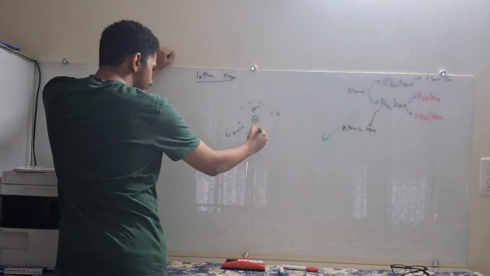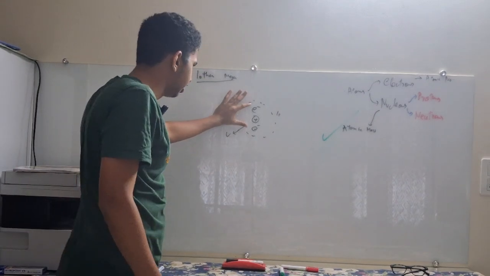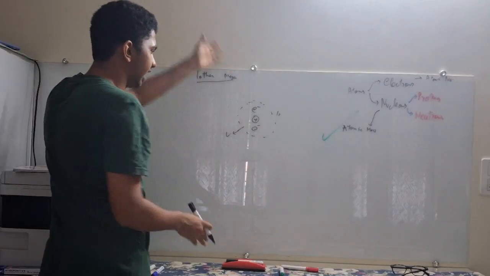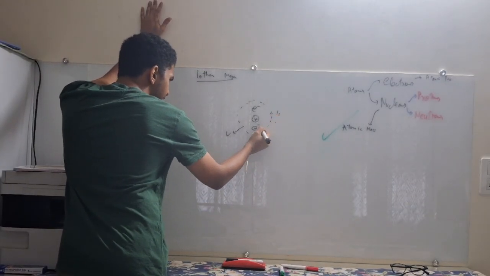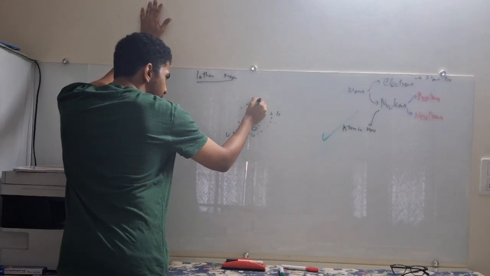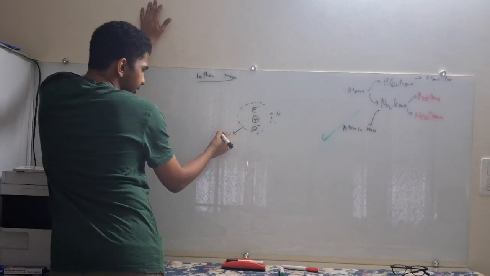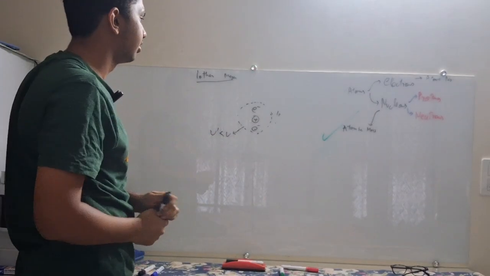If I add another electron, there's more negative charge and that will be attracted towards the nucleus. So the addition of the extra electron will cause the size to shrink slightly. The size will become smaller than if there was only 1 electron. So v dash will be less than v.